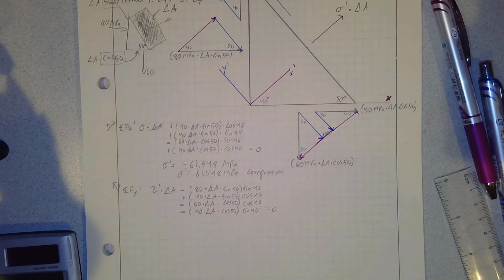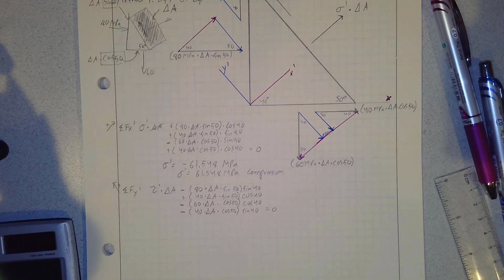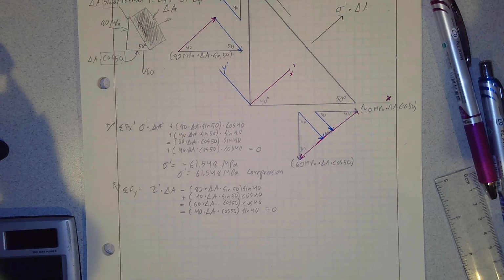So negative 80 times sine 50 times sine 40, plus 40 times sine 50 times cosine 40, minus 60 times, oh, I missed some parentheses there.